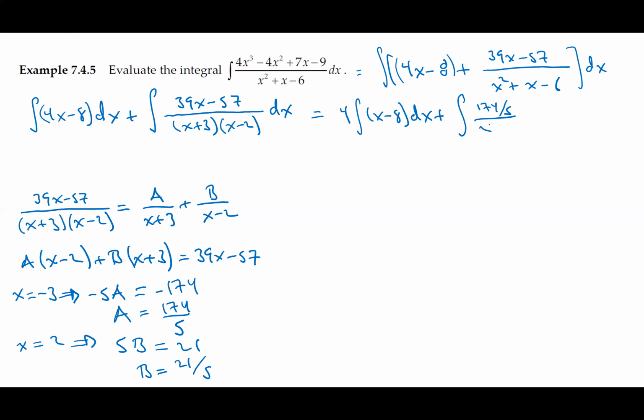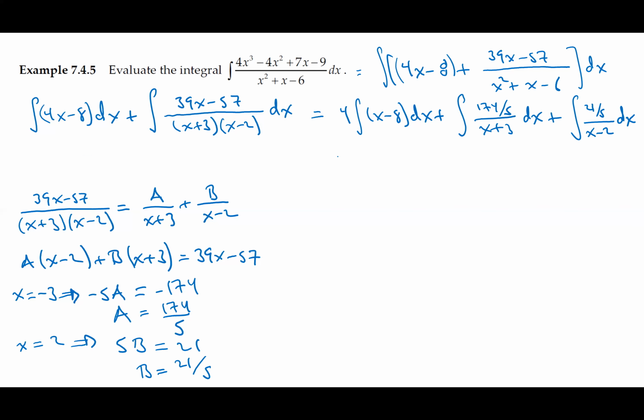A gets x plus 3 dx. And then plus 21/5 over x minus 2 dx.